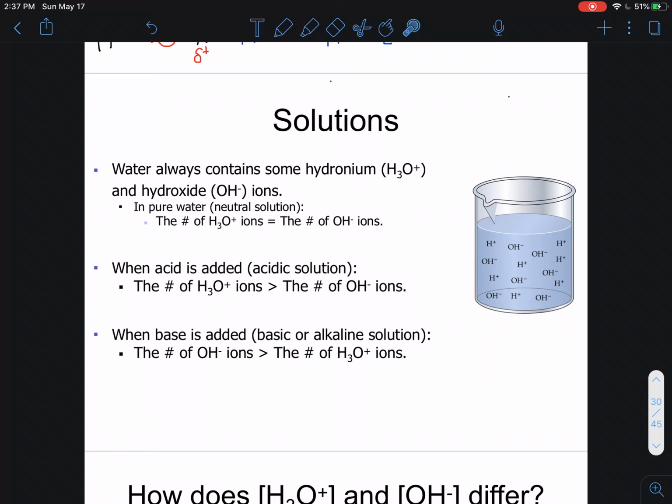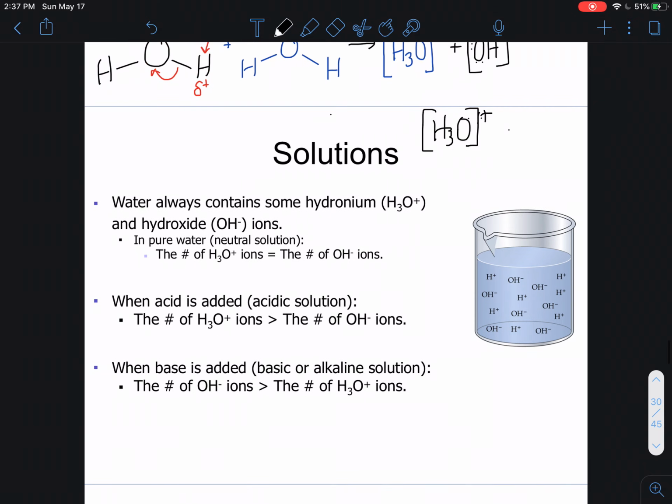Now, what we'll do is we will start to look at how the concentration of H3O plus and the concentration of OH minus are affected in solutions.